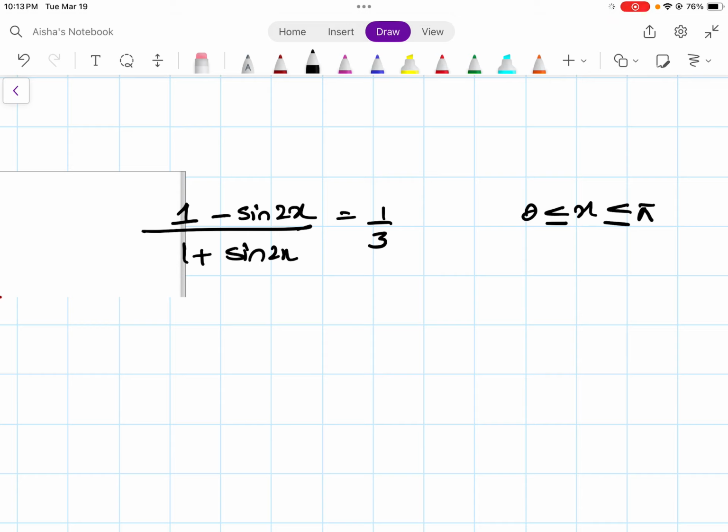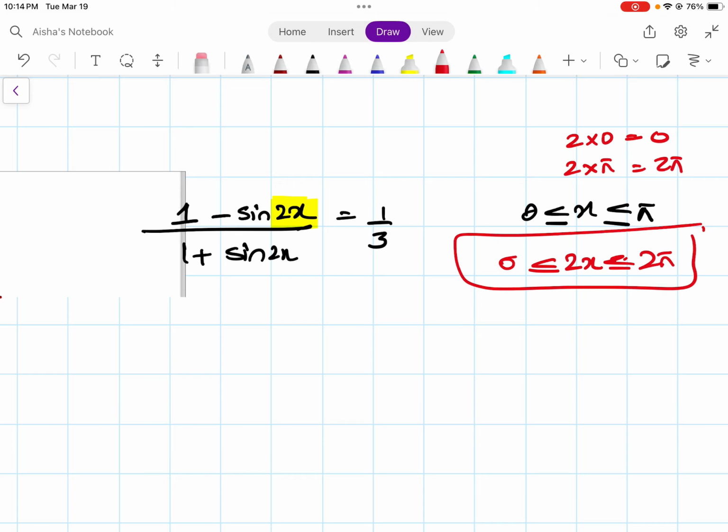Okay, so first thing is how do we change that? This is 2x. So we will do 2x means 2 into 0 is 0, 2 into pi is 2 pi. That means you will be finding out the angles between these two values.